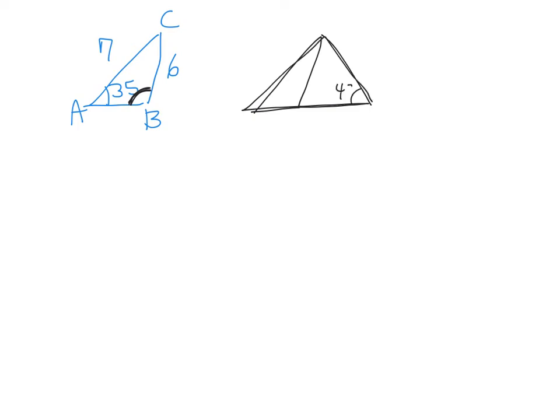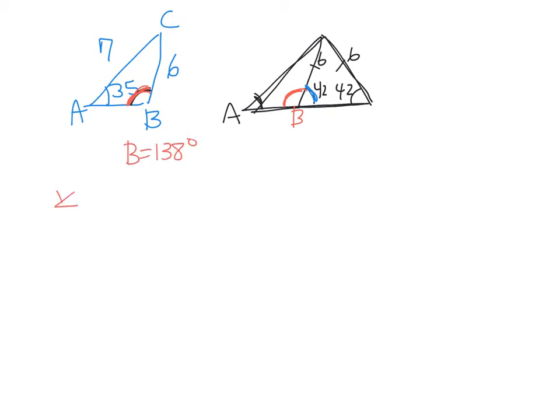This was 42. That makes this 42, because this is an isosceles triangle, since these are both 6. Since this is our A angle, if this was 42, then this has to be the supplement to it. And so in this case, this angle B is going to be 138 degrees.